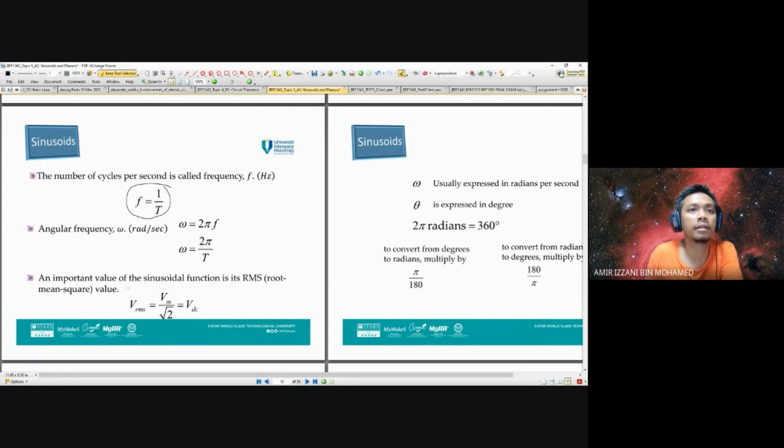And then this is the most important part, which is the VRMS. VRMS is actually what we are always saying in our power system. The 240 volt at the socket is actually VRMS.